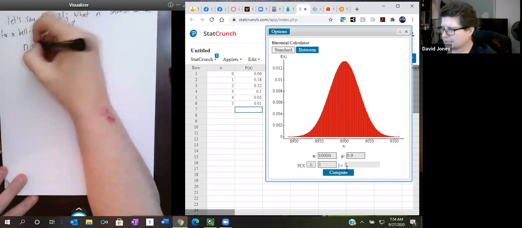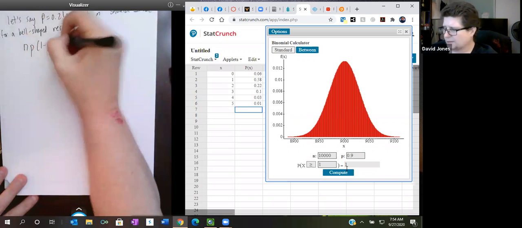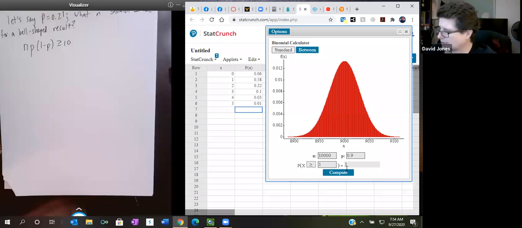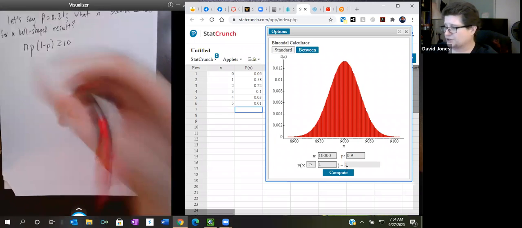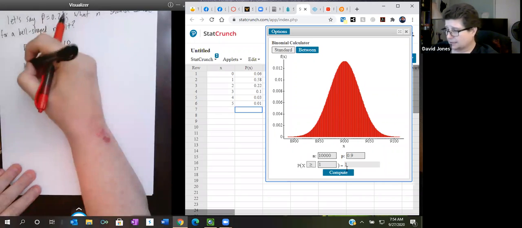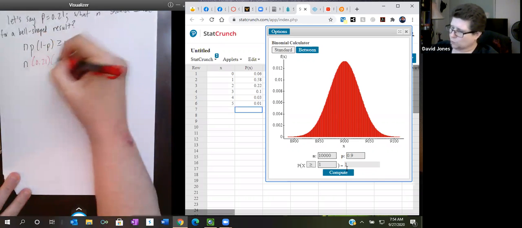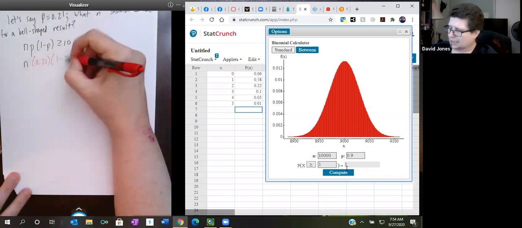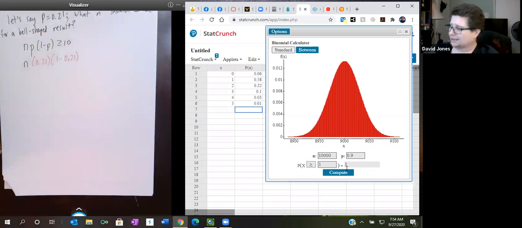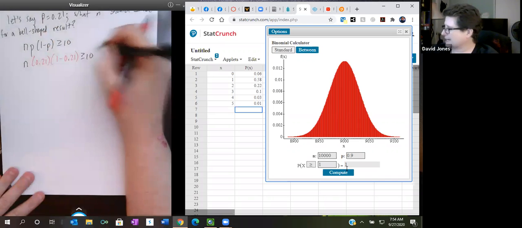I want n times p times 1 minus p to be greater than or equal to 10. I can plug in values. I don't know what n is, but p is 0.21, which makes 1 minus p 1 minus 0.21. I still want that to be greater than or equal to 10.